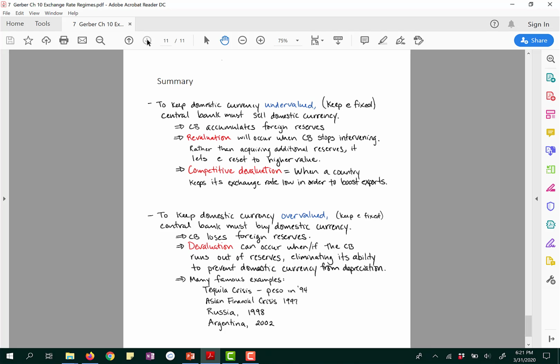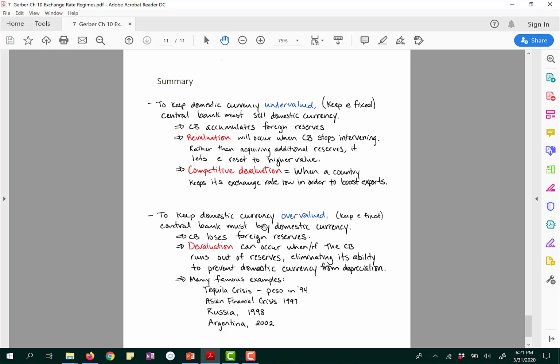Sometimes the term currency manipulation is used in this context, but a more neutral term is competitive devaluation. That is when countries keep their exchange rate low in order to boost their export sector. And as we've already discussed, there is a very fine line between competitive devaluation and expansionary monetary policy, because expansionary monetary policy always has the effect of depreciating your currency.